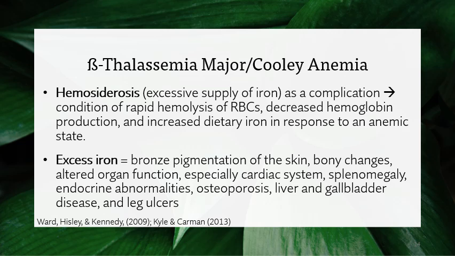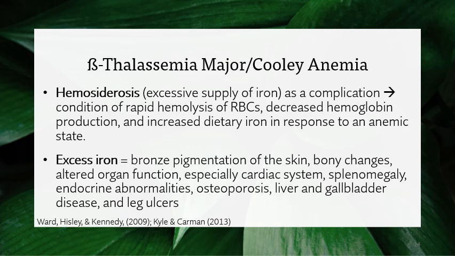So what happens in beta thalassemia? Another condition that might happen, because we know beta thalassemia patients rely on blood transfusions all the time, is what we call hemosiderosis. Hemosiderosis is the condition where we have a lot of supply of iron, because we need to make a lot of red blood cells, as a complication.